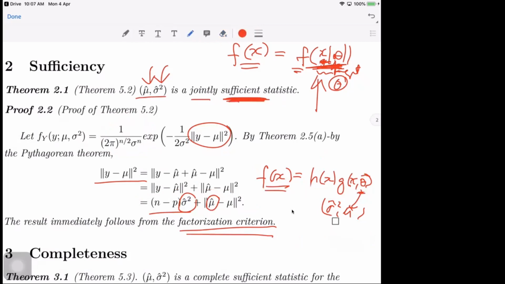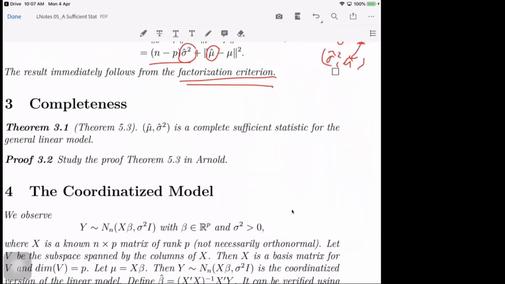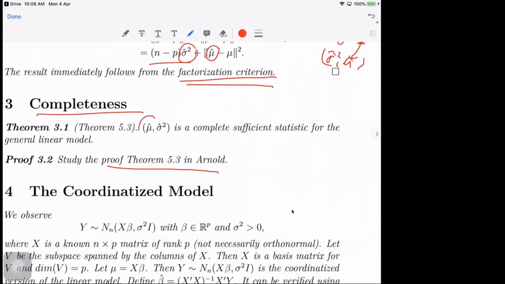Another characteristic of mu hat and sigma hat is its being a complete statistic. Complete statistic has to do, if you look at the proof of Arnold in Theorem 5.3, with the neighborhood of the values of mu hat and sigma hat. So we will just accept the concept that aside from being a sufficient statistic, it is a complete statistic.